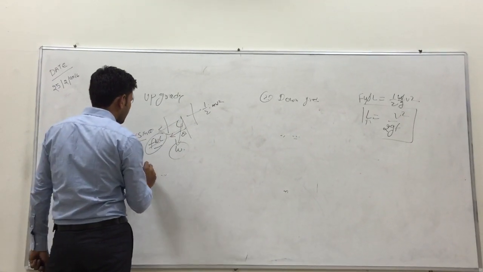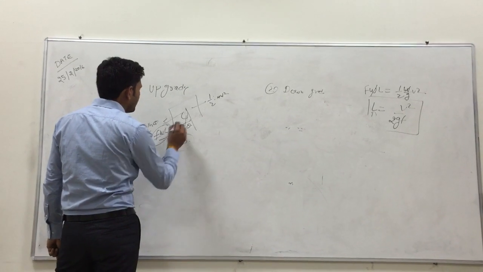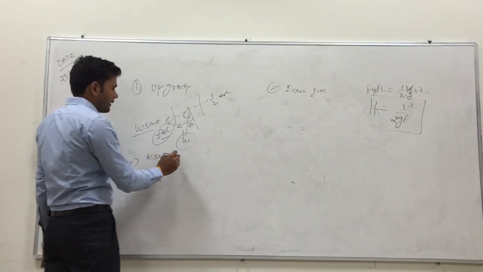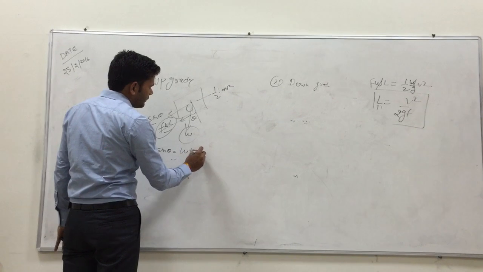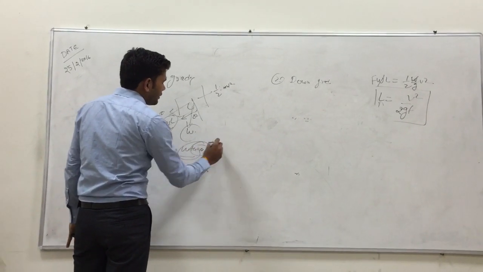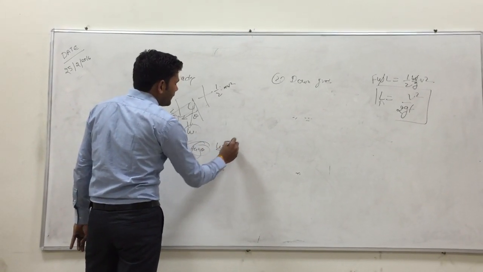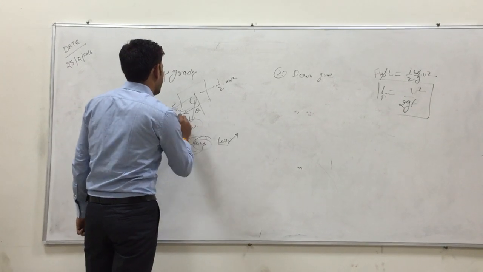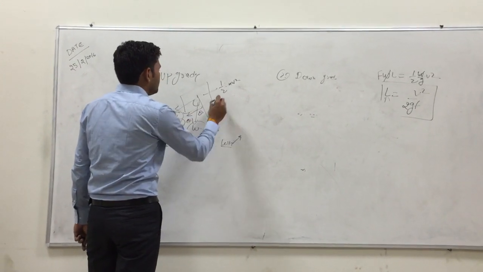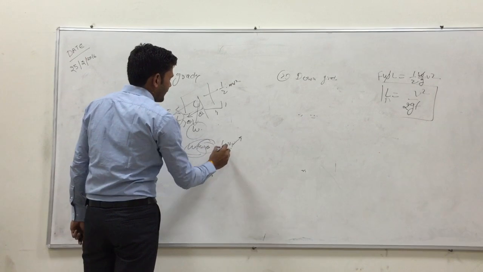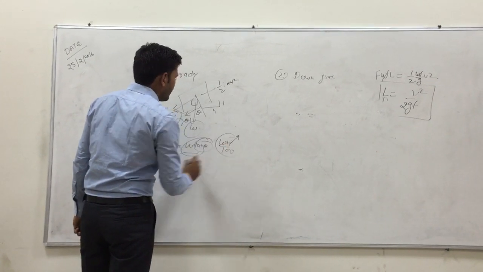So W sin theta. Because theta is very small, we can write W tan theta, and tan theta is equal to n by 100. Tan is the percentage of the slope.